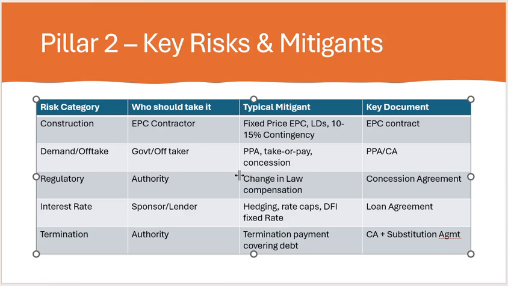If they take finance from foreign or Indian sources and the interest rate suddenly changes, they use hedging techniques, or they hedge the forex exchange rate. The loan agreement is the most important document related to that, and then termination. The authority is responsible for the termination risk.